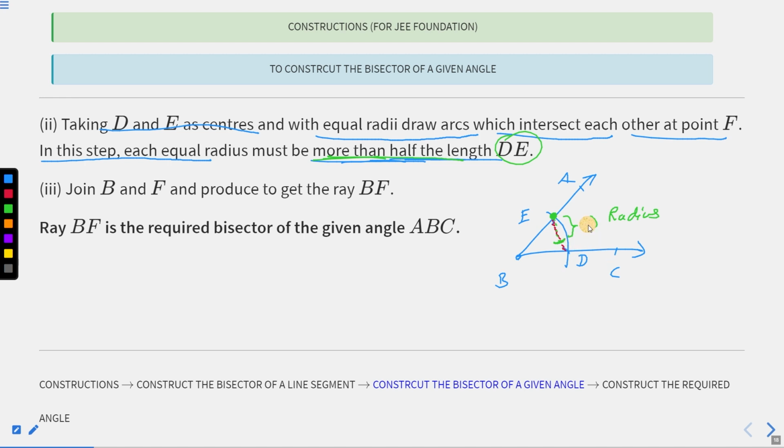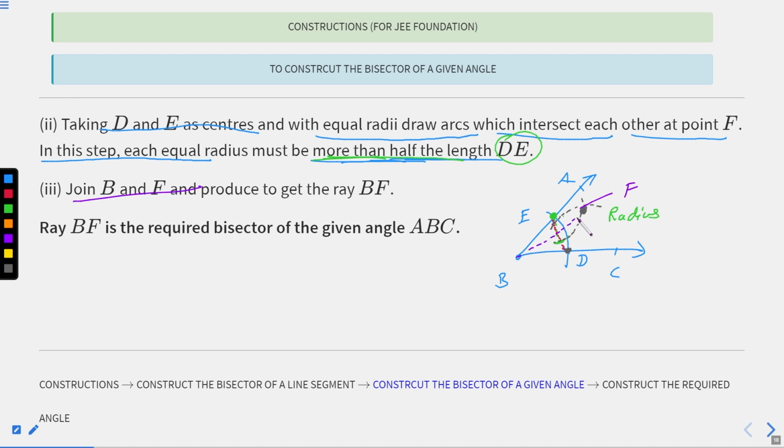Now our arc will be like this. Now put D as our center with the same radius and make an arc like this, and it will intersect at this point, which we call F. Now join B and F.